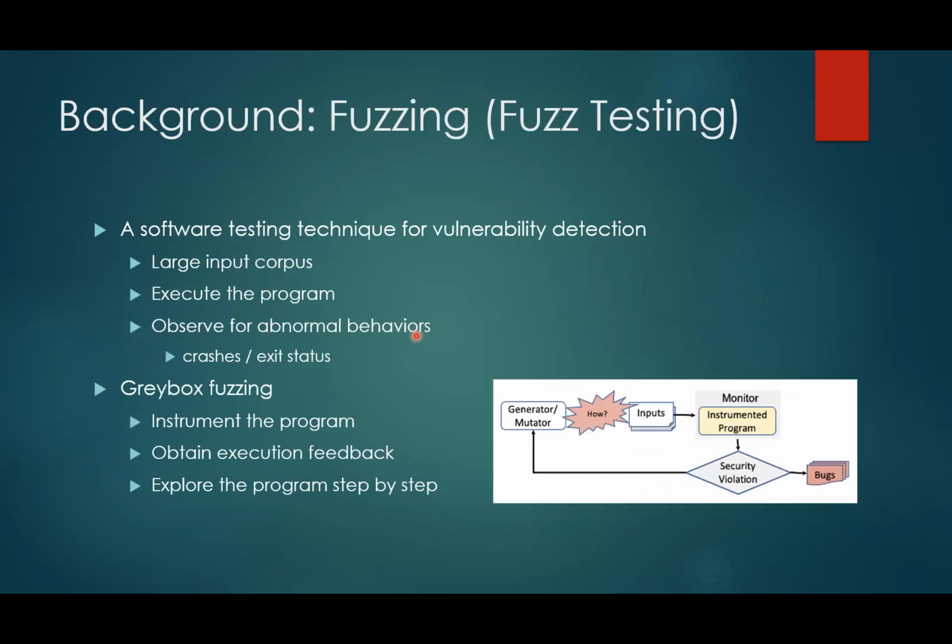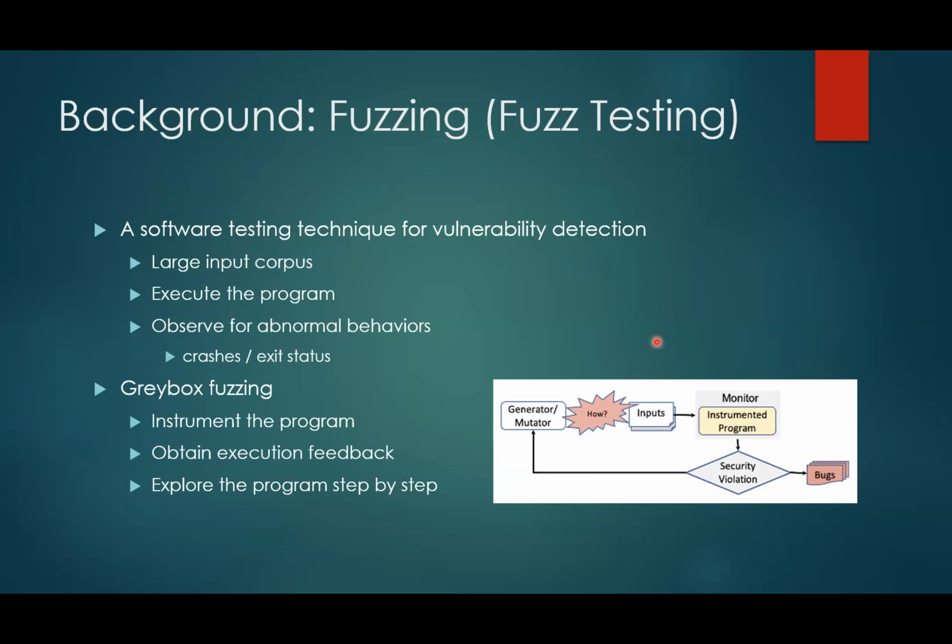Now let's look into what is fuzzing or fuzz testing, because we are doing fuzzing for the SOME/IP protocol. Fuzzing, or fuzz testing, is a software testing technique for vulnerability detection. The basic idea of fuzzing is very straightforward.